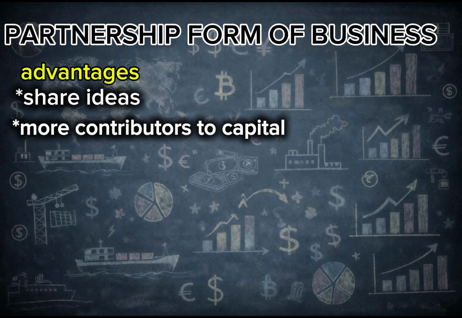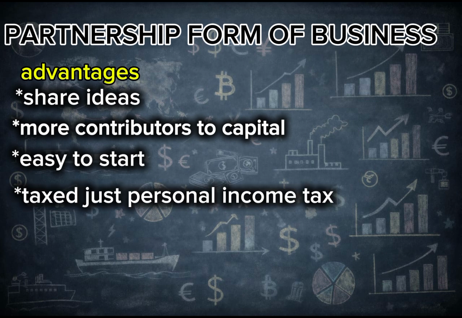And like the sole proprietorship, it is relatively easier to start, and income is taxed once. That is personal income tax based on his percentage of the profit in the business.